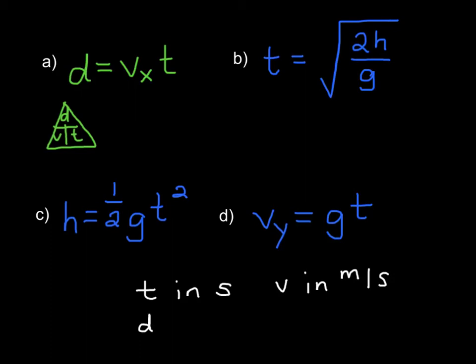Distance or height will both be in meters, and the acceleration due to gravity is always 9.8 meters per second squared.